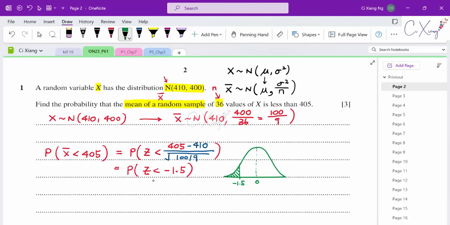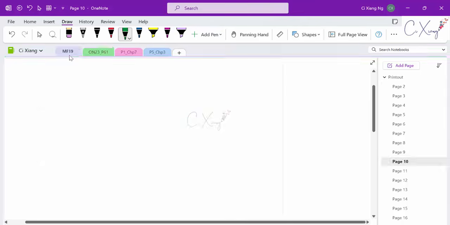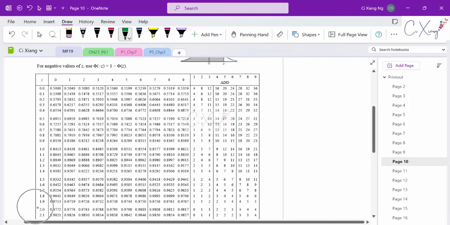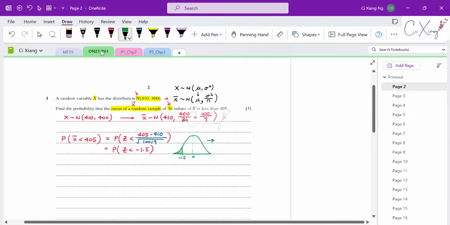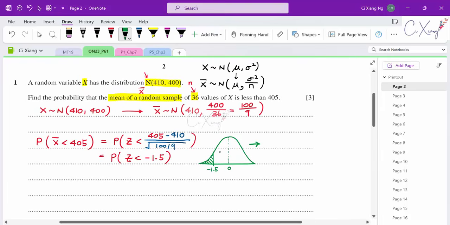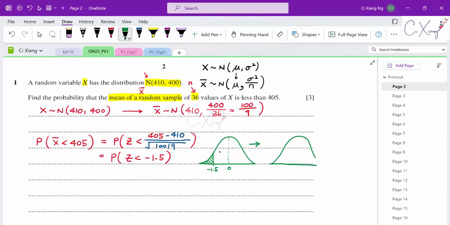But too bad, in our normal distribution table, there's no negative Z value. You can have a look here, this is the Z value, and all the Z values are positive. So there's no negative value. Therefore, we have to find a way to change it to a positive Z. Since the normal distribution graph is symmetric in the center.